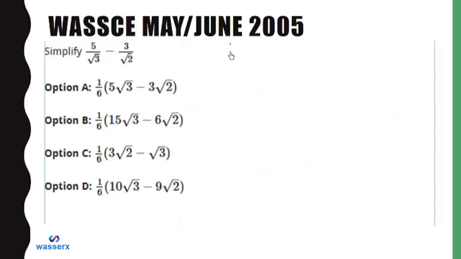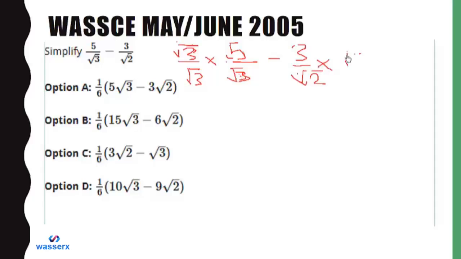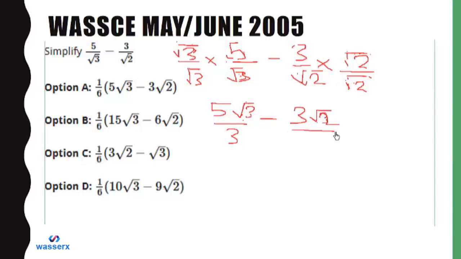Now let's simplify this. We are going to get 5 over root 3 minus 3 over root 2. So what we do is we rationalize each of them. Rationalize 5 over root 3 by multiplying with root 3, then times root 2 for the other. Now we obtain 5 root 3 over 3, and this one will give us 3 root 2 over 2.